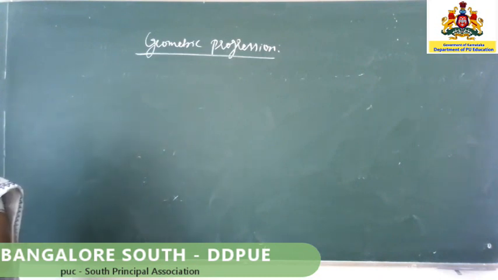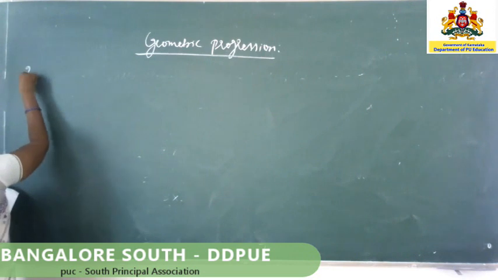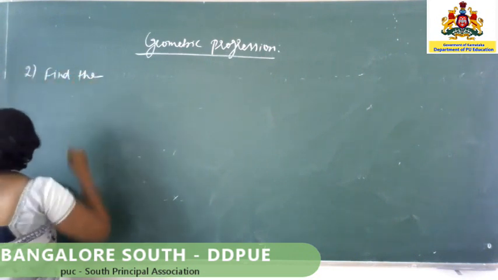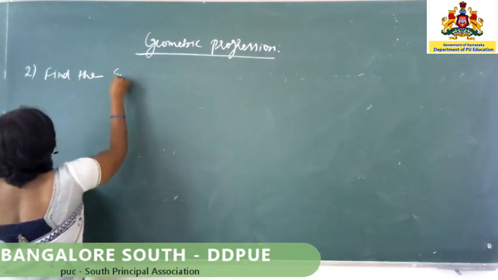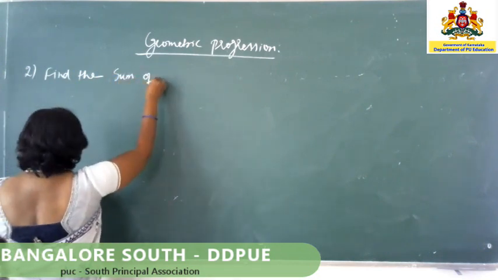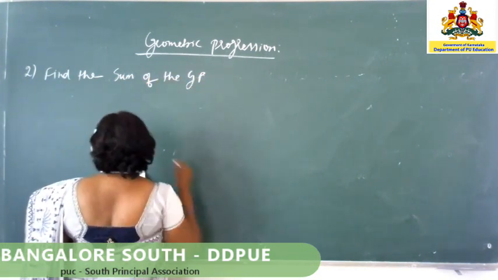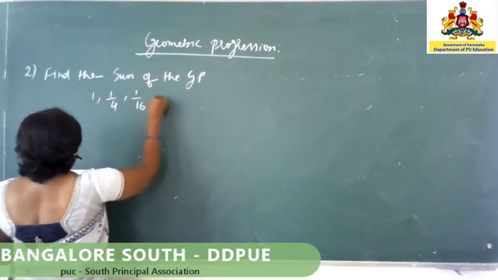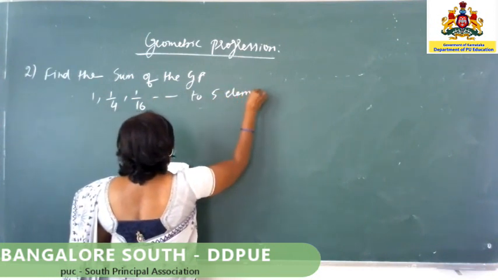Next sum. Find the sum of the GP 1, 1 by 4, 1 by 16, so on up to 5 elements.